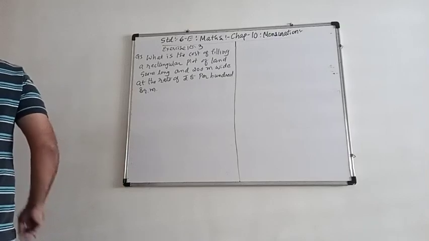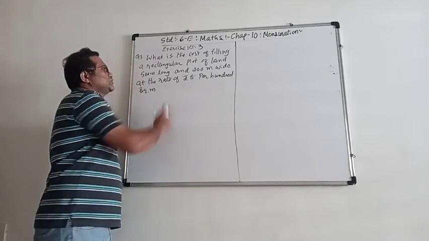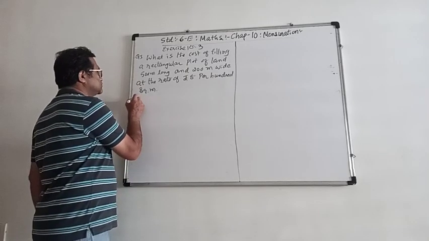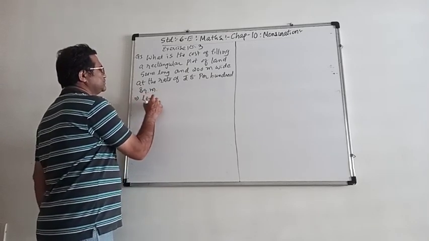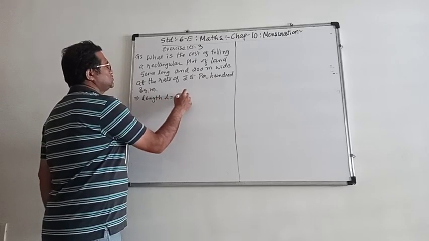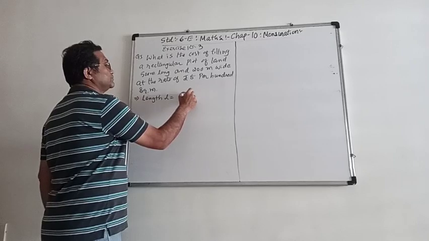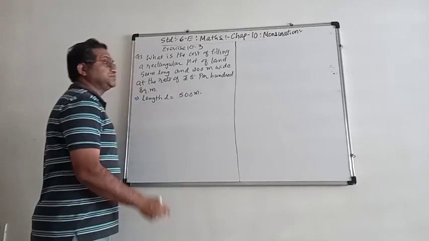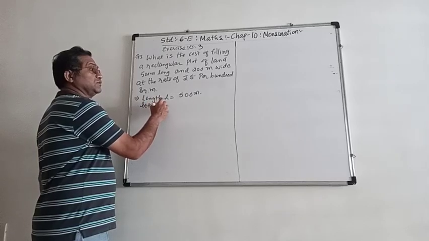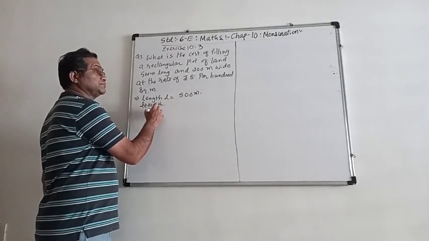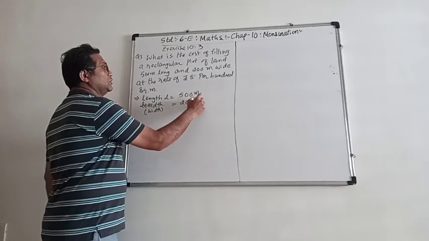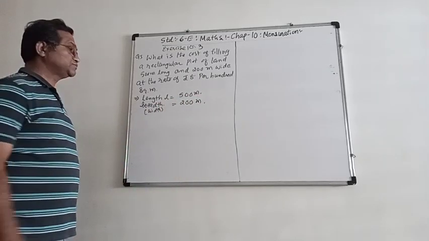So here the length and breadth of the rectangular plot are given. So length is 500 meter and the breadth or the width is given as 200 meter.